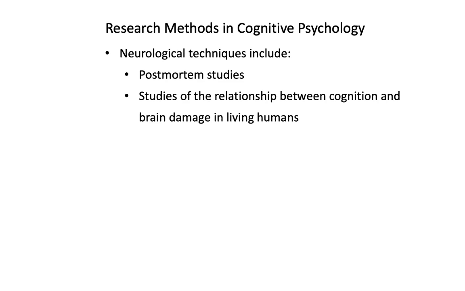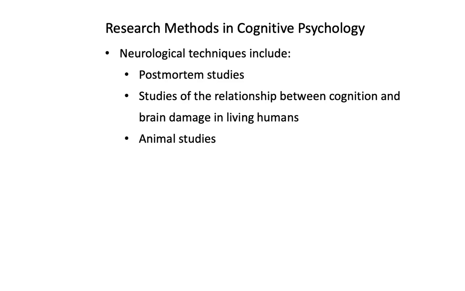Sometimes there are neurosurgeries that have to take place in order to remove some sort of harmful brain tissue. You know, there might be a cancerous tumor as well. And so this is another way in which we can study the brain and our behavior.